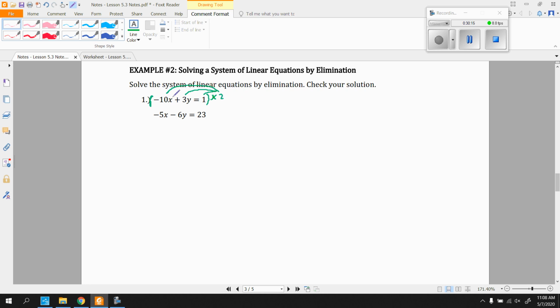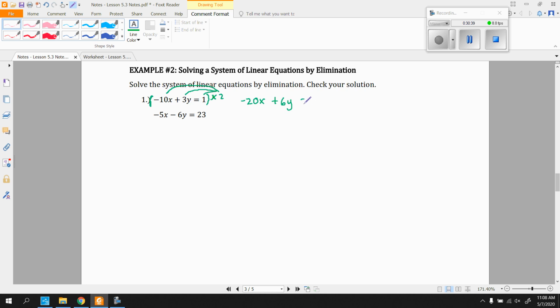So 2 times negative 10x, I'm following my arrows here. I'm going to rewrite this top equation as negative 20x. That didn't help me. It doesn't really matter what that is. Here's the one that's going to be helpful, though. Instead of plus 3y, we're going to go times 2 and go plus 6y.